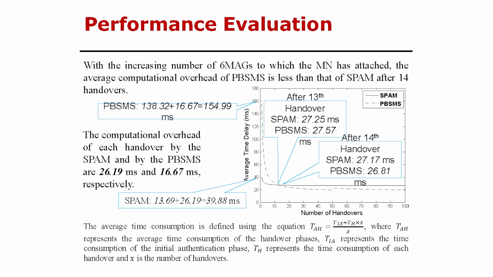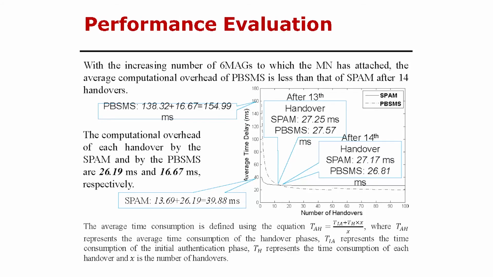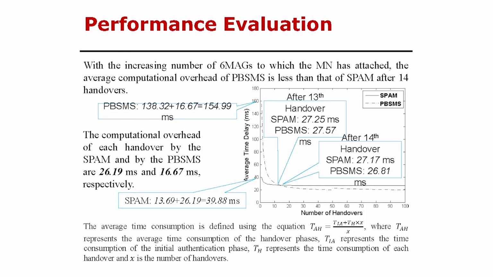After about 13 handovers, you can see that the time used for handover is much less on average, which means that although at the beginning we take a lot of time, after 16 handovers this time consumption has been reduced much on average.